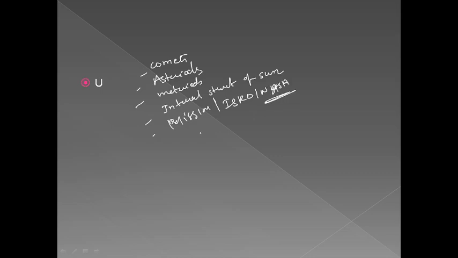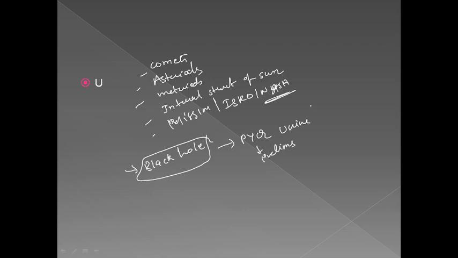So these are the topics I am going to cover in today's video, and in the next video I am going to discuss black holes and also previous year's questions related to the universe and solar system from the prelims point of view.